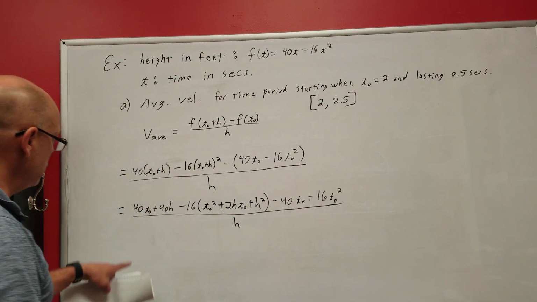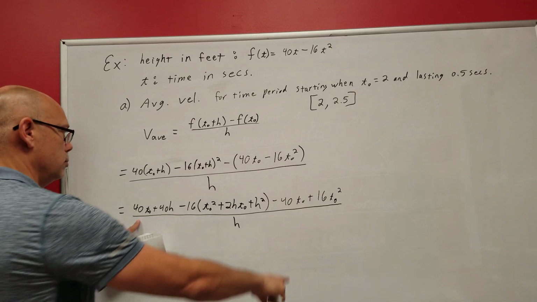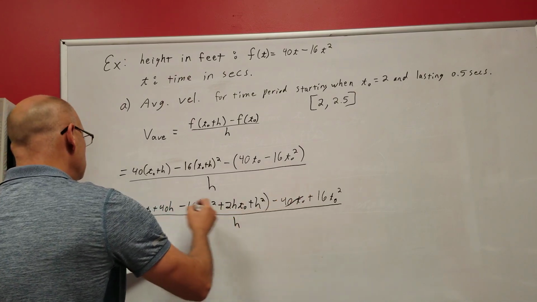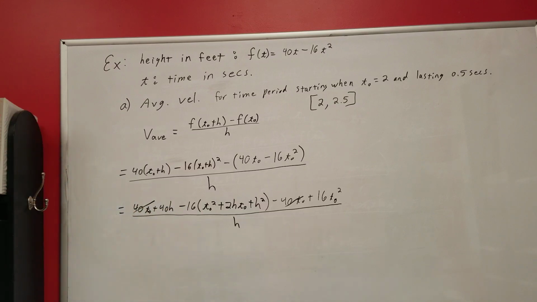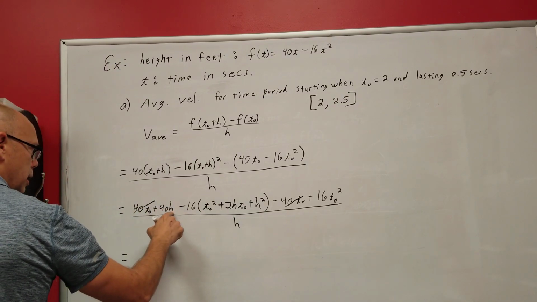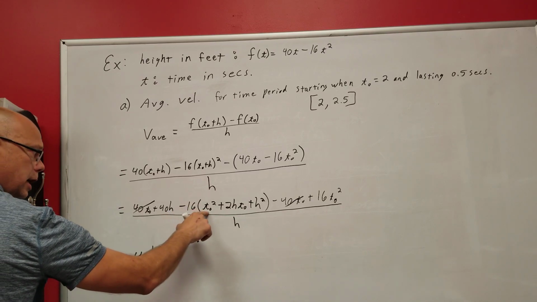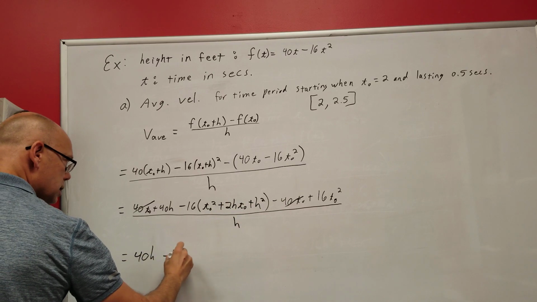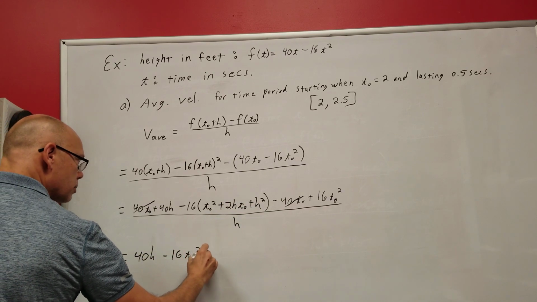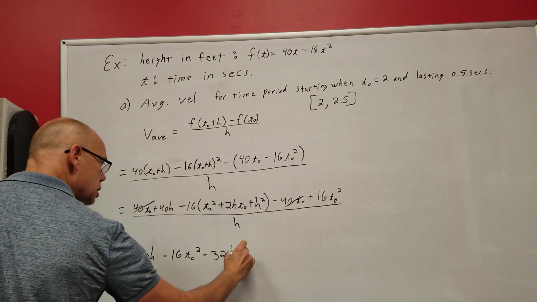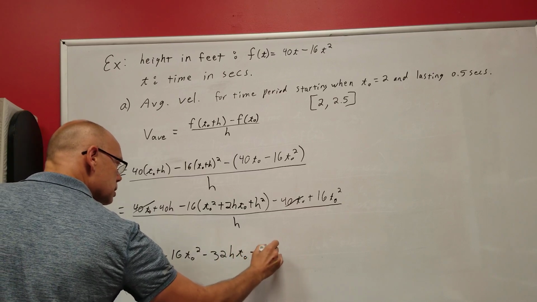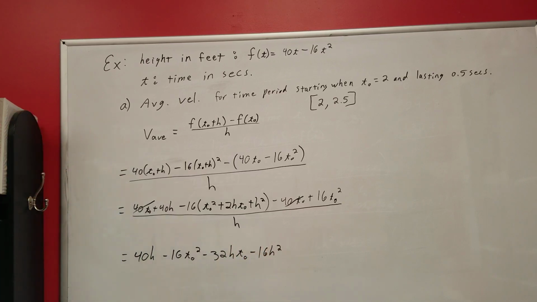All right, right away here, I see 40 t naught. I see negative 40 t naught. I can zero that out, giving me less to write. So what do we have left? 40h. Distribute your negative 16 through here and you get negative 16 t naught squared minus 32h t naught minus 16h squared.